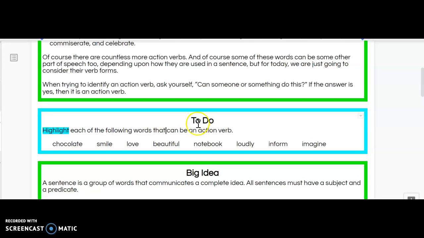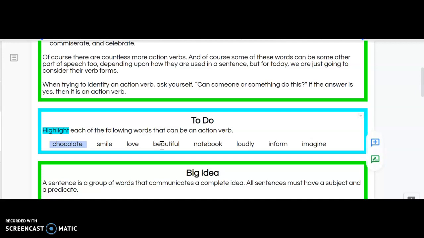Some of these words can be an action verb and some of these words cannot. So you would look at this and say, chocolate. Can I think of any instance where chocolate is something that someone can do? Can someone chocolate? Can something chocolate? Is this something you can do? If it is, then you should highlight it.